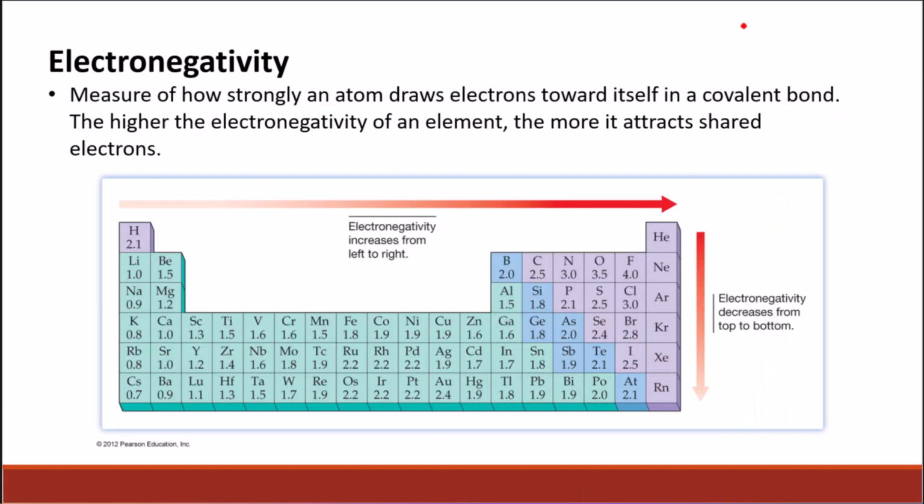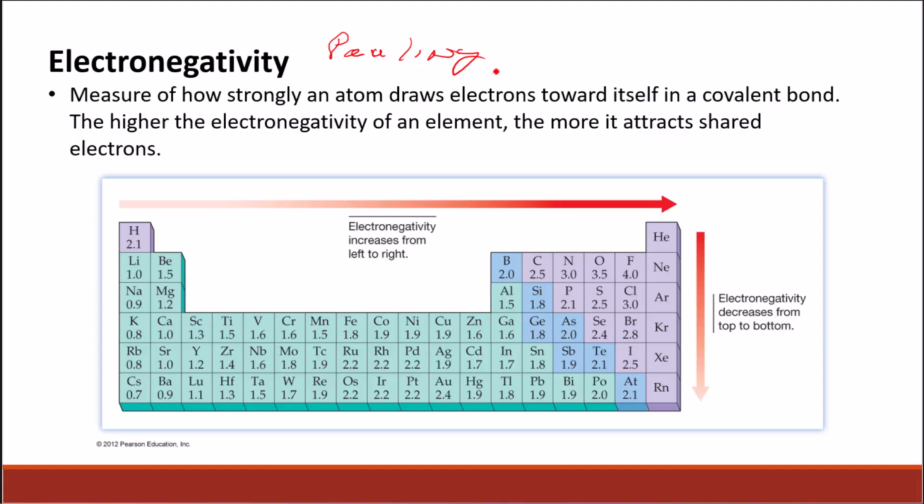Let's take a look at electronegativity. Electronegativity is on a scale called the Pauling scale, named for Linus Pauling, a famous biochemist who discovered the alpha helix secondary protein structure and was awarded the Nobel Prize for that.